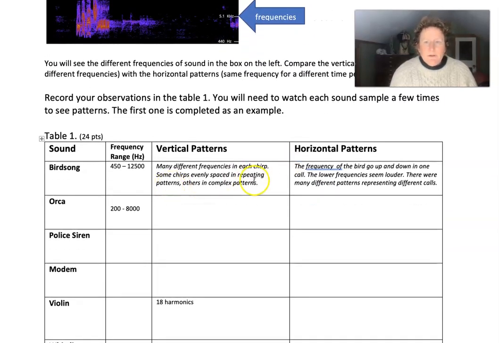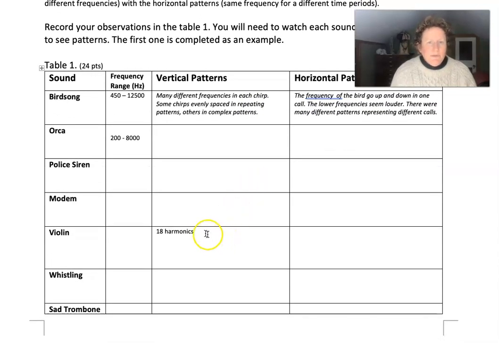So I did the bird song for you as an example. We'll also do the violin together as an example. So there are 18 harmonics, or another way to say that, 18 horizontal lines that represent different layers of sound in a violin note.